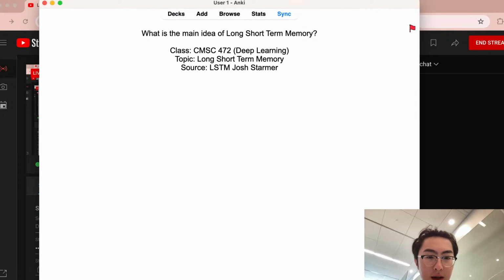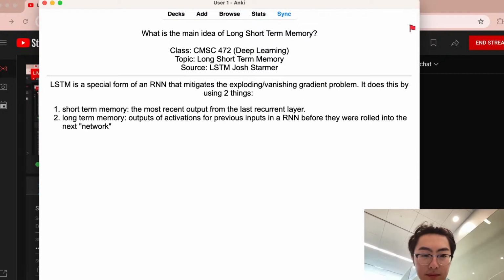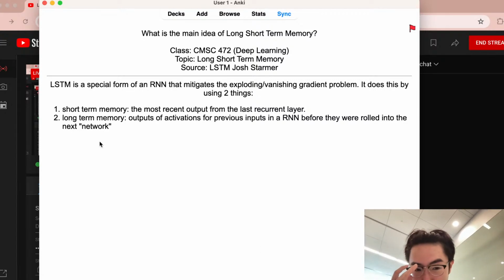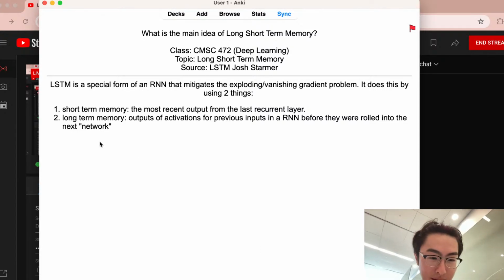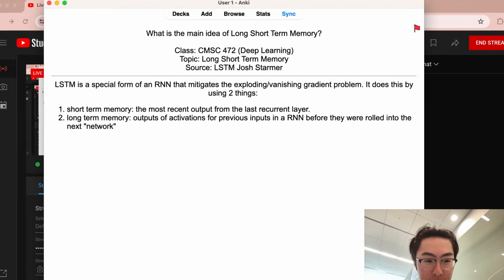Yeah. Main idea, long short-term memory. The main idea is you want to try to prevent the vanishing of gradients or explosion of gradients. But you do that with long-term memory. Okay. I guess I also missed the short-term memory part and also describing it. So, let's see.